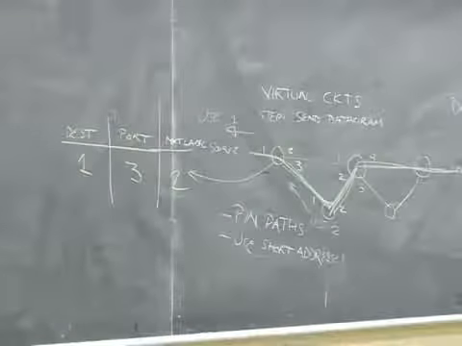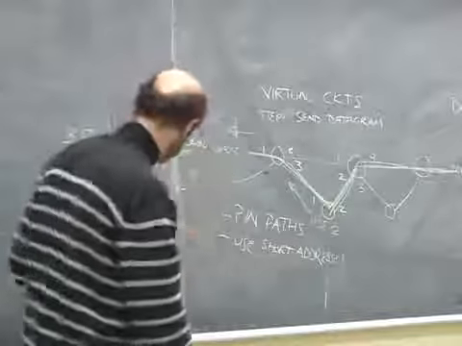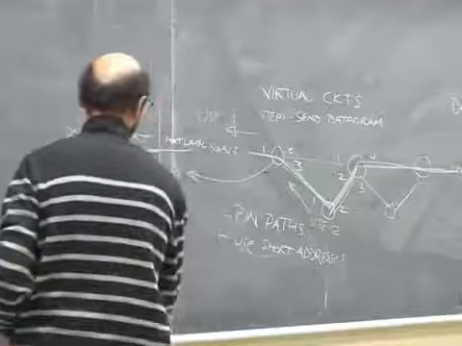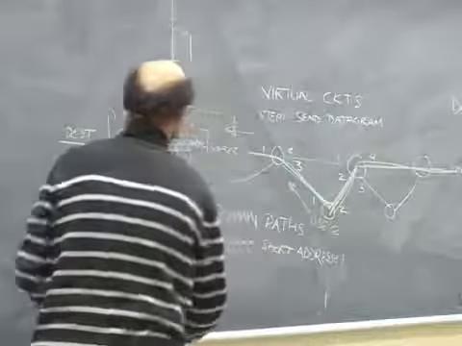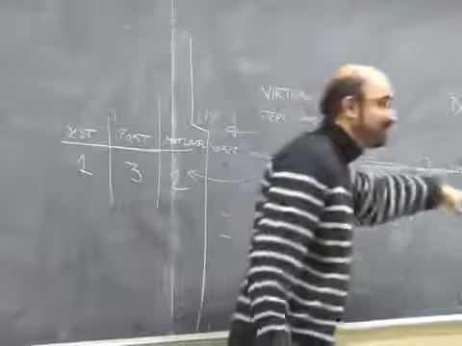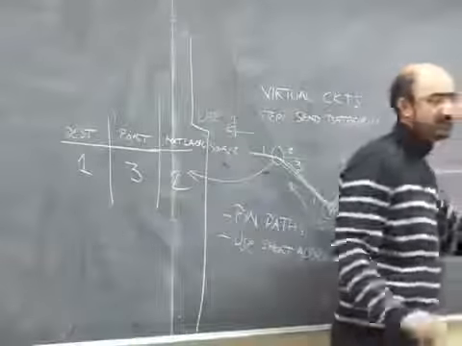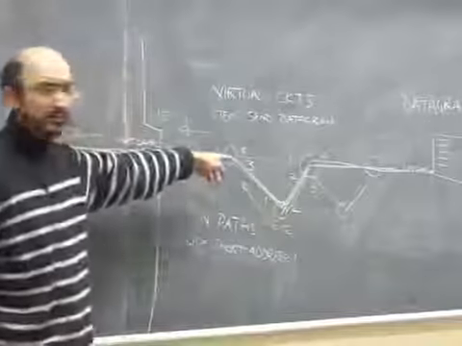Let's walk through this step by step. Okay? So the source over here, and I'm getting a bit cramped, so let me draw a line here too. The source wants to talk to this destination, and it puts the full address over here, so everybody knows what it is. And it gives it to the first router over here.